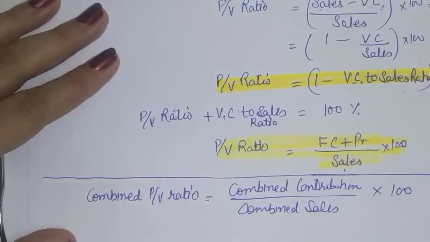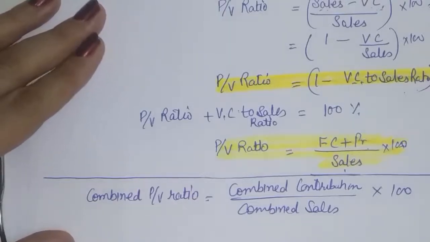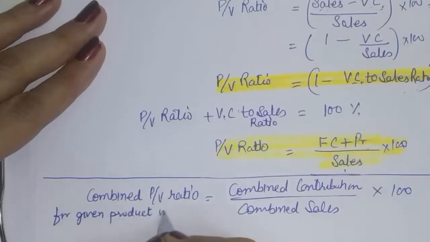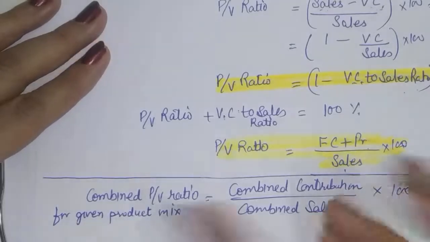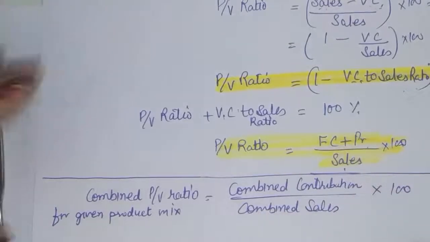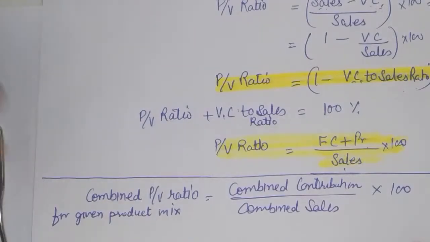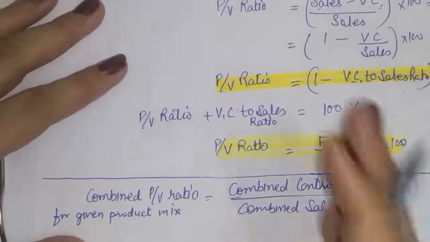Now this ratio will always be determined for a given product mix. Like if your company is dealing with two products, A and B, and you just take per unit information, it will imply that you are producing and selling these units equally. So that will give you equal information, right?